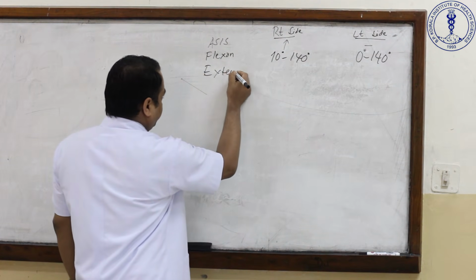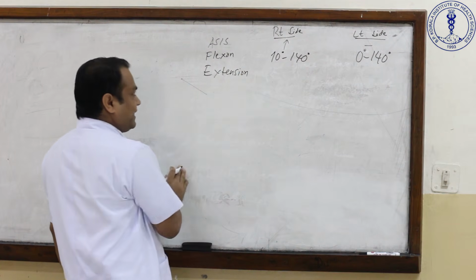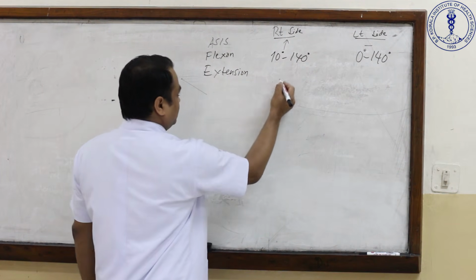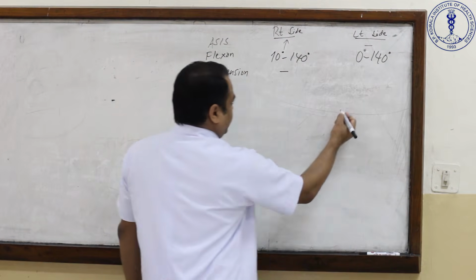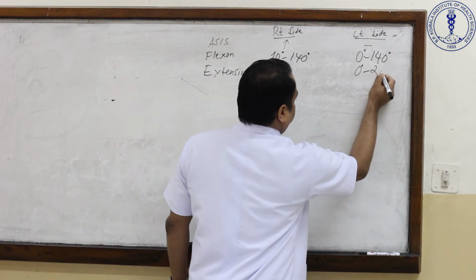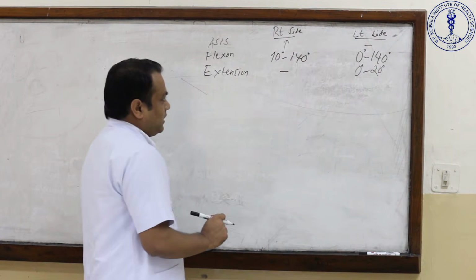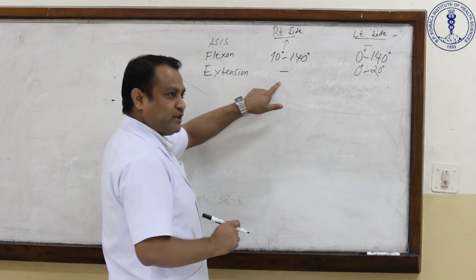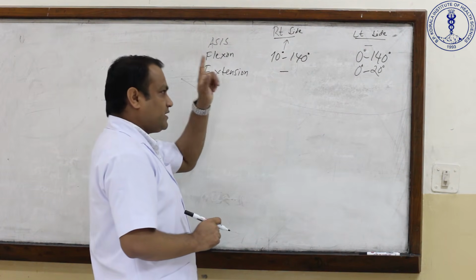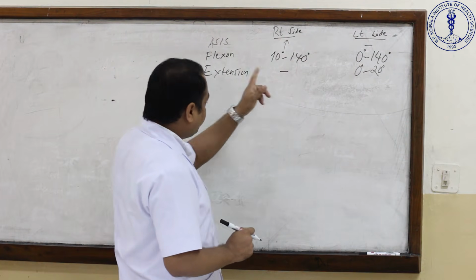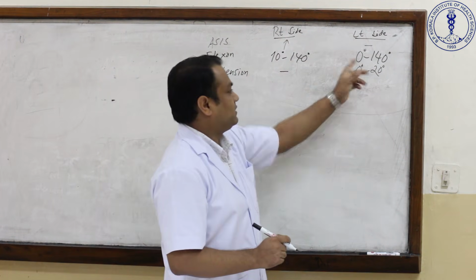Now let's say in extension, for example, extension is not possible on the right side, dash, not possible. It was, let's say, 0 to 20 degrees on the other side. See here, the extension is not possible. However, the flexion was only from 10 to 140 instead of 0 to 140 on the normal side.